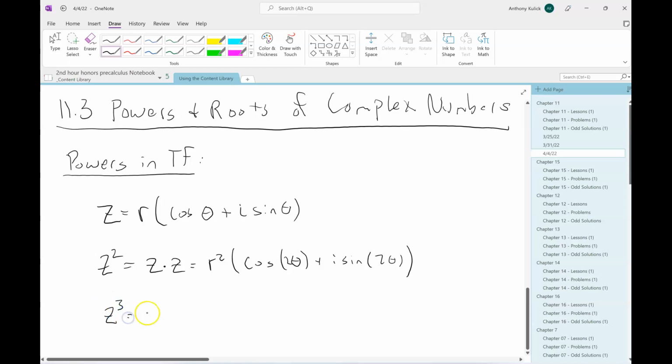If I do z to the third, I could think about that as z times z squared, right? So that would be r times r squared, so r to the third, and then theta plus 2 theta, so 3 theta.